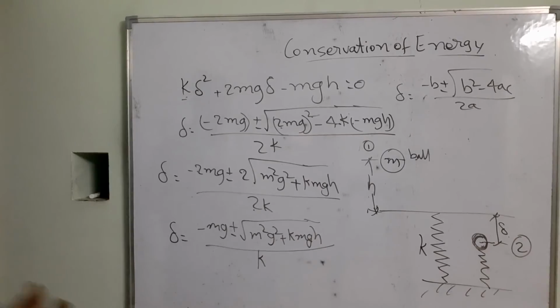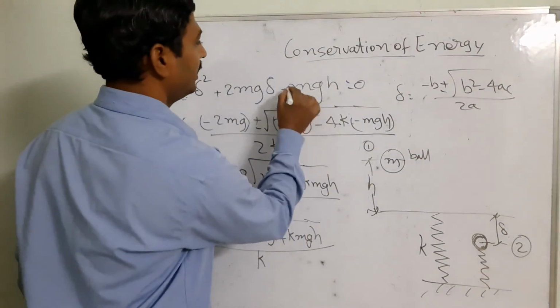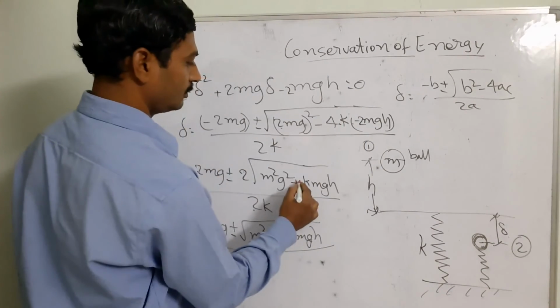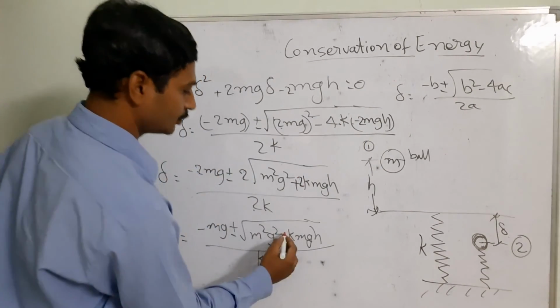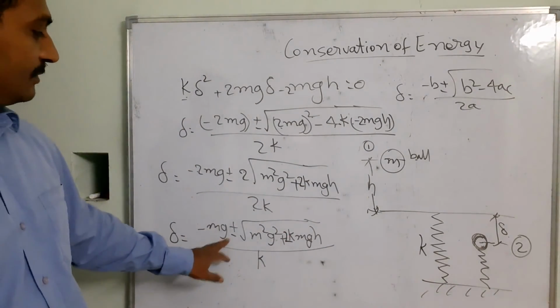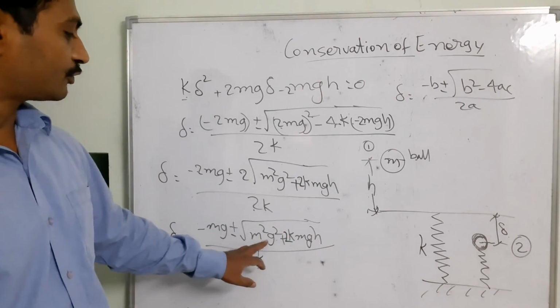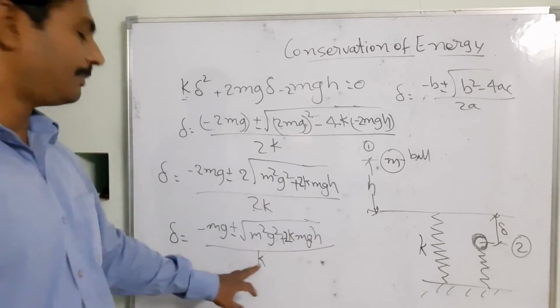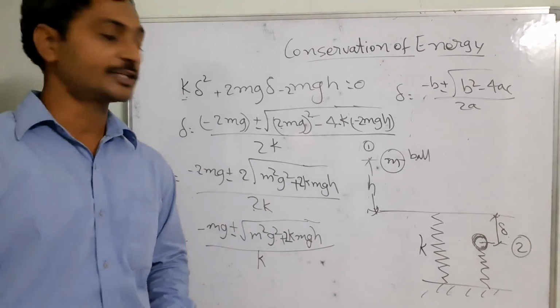Here a small modification: we already did the LCM, so minus 2mg, and after taking out the 2 we get the final equation. Del is equal to minus mg plus or minus square root of m square g square plus 2 k mgh, divided by k. This is going to be the deflection of the spring.